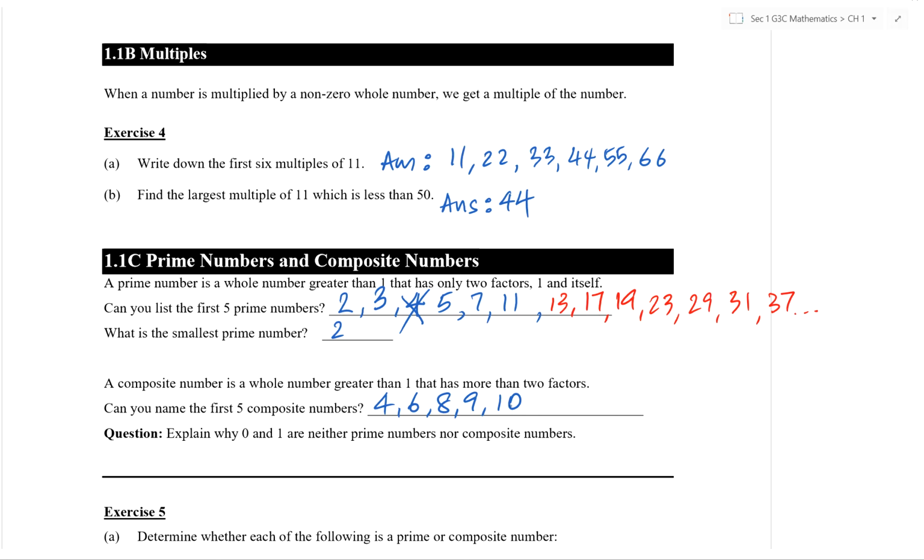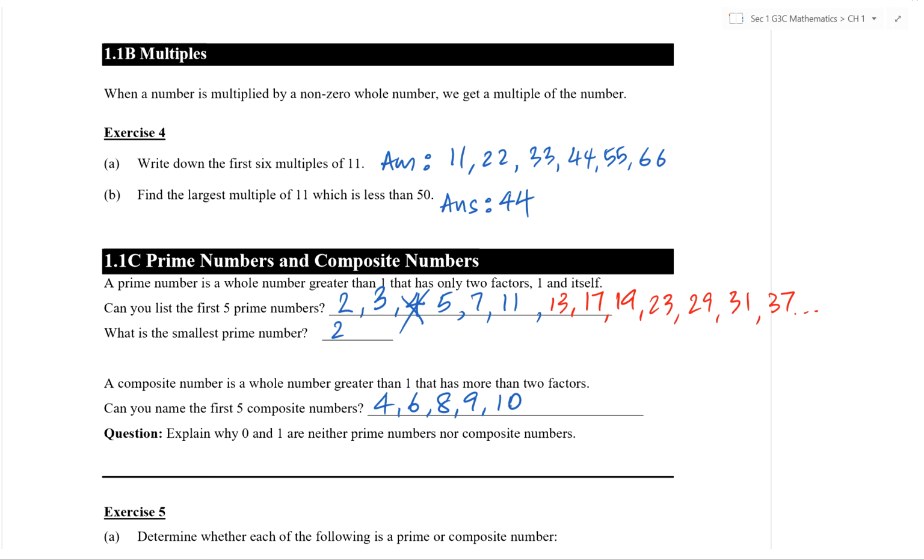What do you notice about even numbers? Where will you group even numbers? Will you group even numbers under prime or composite or a combination? Combination, but where do most even numbers fall under?